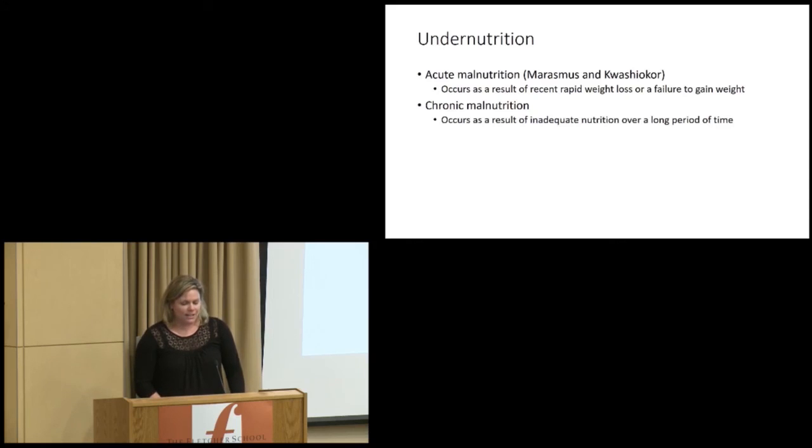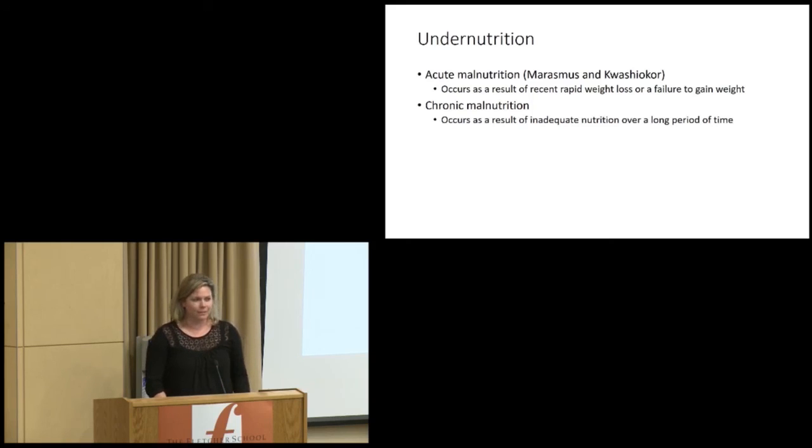So if we just talk, and Dan already mentioned it in the first panel, just in terms of being clear on terminology, we are talking about undernutrition and specifically acute malnutrition with two forms that are really common, both marasmus and kwashiorkor. And really, these forms occur quickly and as a result of rapid weight loss.